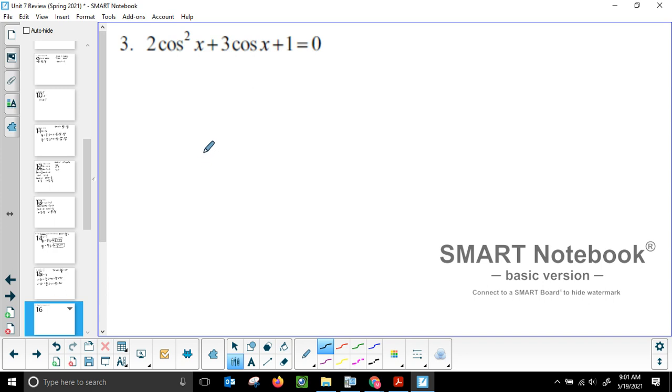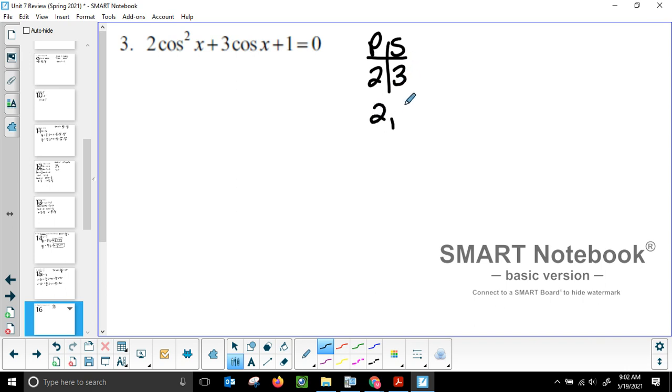All right, so here again, we have just another quadratic looking thing. I'm not going to replace it with the u's this time, for those of you that don't do that, so that you can see it the way that you're used to seeing it. So again, this has a leading coefficient other than 1, so I'm going to do my trash can method. So a times c, 2 times 1 is 2, and my middle here is 3.